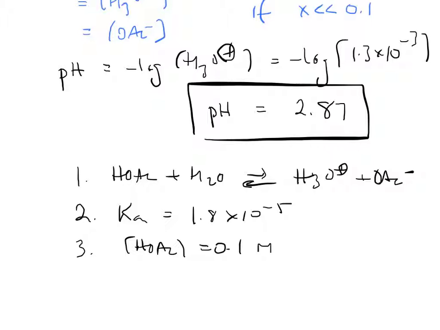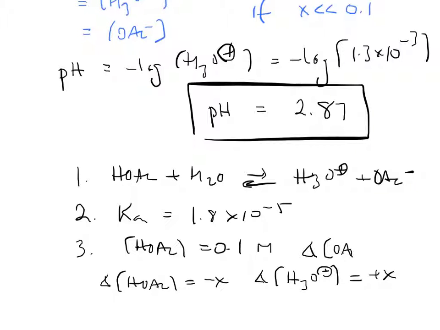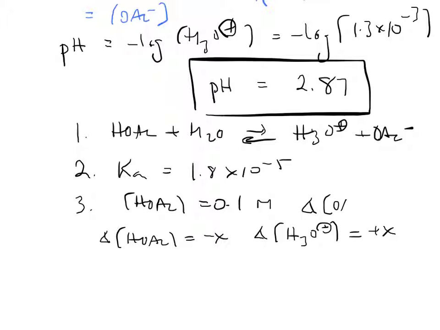We determined expressions for the changing concentration of HOAc, which was minus x, and the changing concentrations of H3O plus and OAc minus, which were both plus x. Finally, we introduced an approximation where we said that 0.1 minus x is about the same as 0.1, which will be true for weak acids, and from this we calculated the pH as being 2.87.